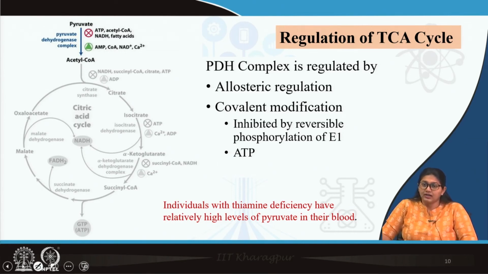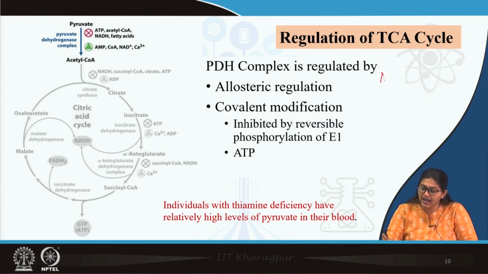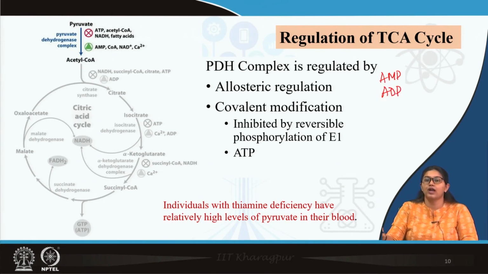The molecules which signal energy demand, like AMP and ADP, are the broken down products of ATP. So there is no ATP, it is used up and has formed AMP or ADP.